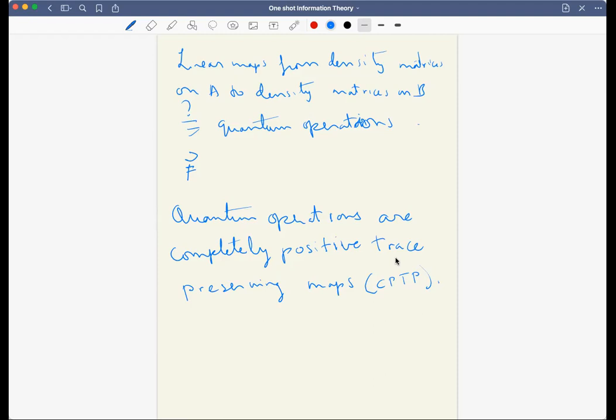This is exactly what I would get by this recipe: find a set of linearly independent pure states and assign them to density matrices arbitrarily, and the rest you extend by linearity. If you do that, you'll already get trace preserving. Now what does the word positive here mean? Positive means that if I feed in a density matrix at the input, I should get a density matrix at the output.